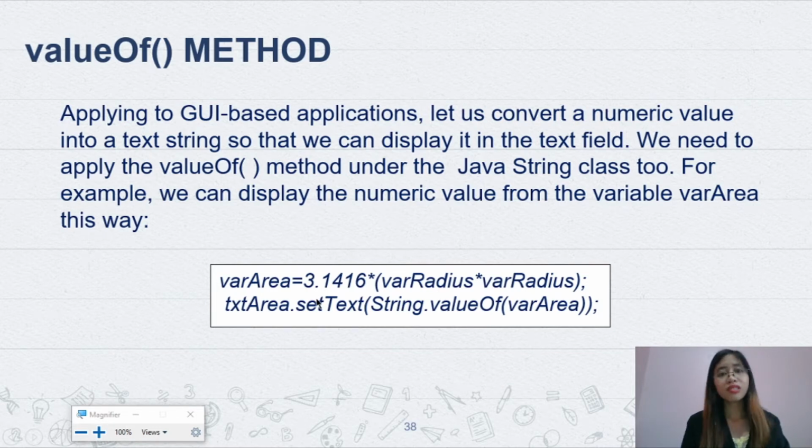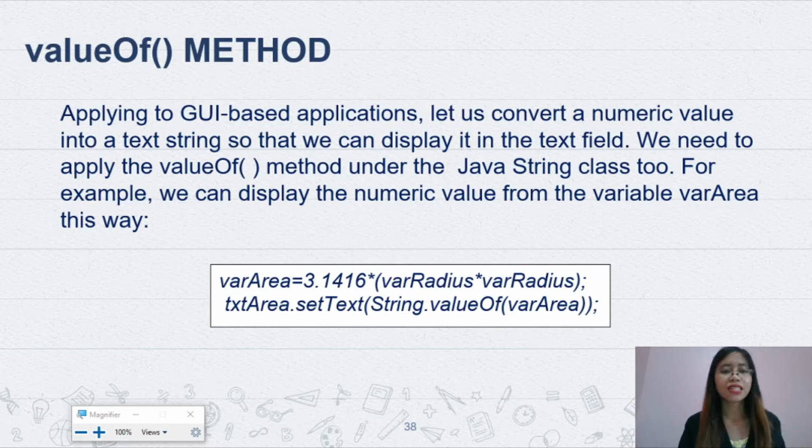And then, you want to display the result. Pero hindi mo siya directly pwedeng i-display na naka-numerical value pa siya. Naka-integer pa siya. So, you have to convert it into value of. You have to convert it into string. So, ganito siya. So usually, ginagamit natin, no, text area or the text field dot set text, and then ano yung text na nakalagay sa loob.